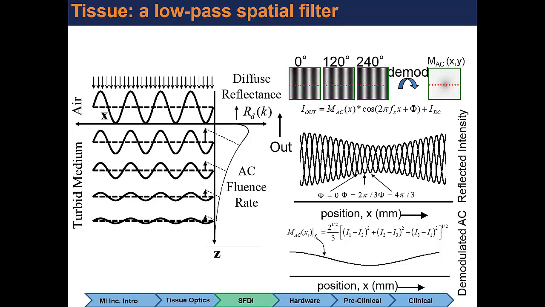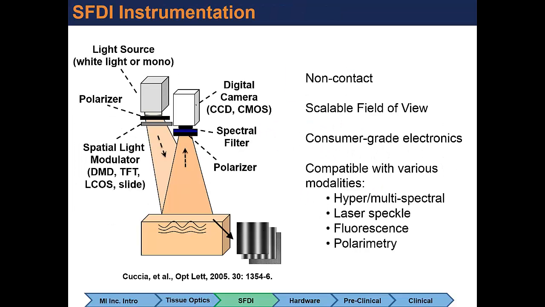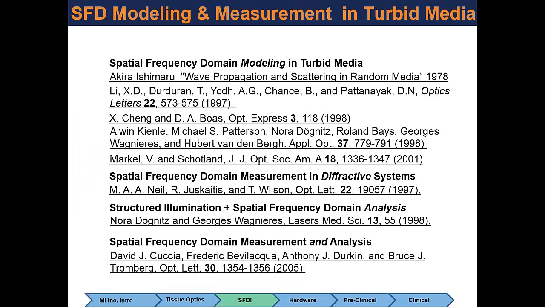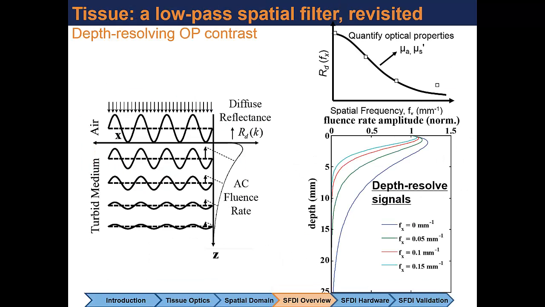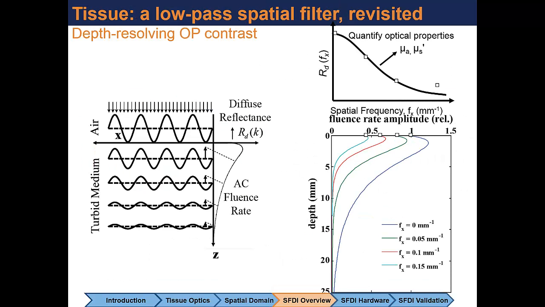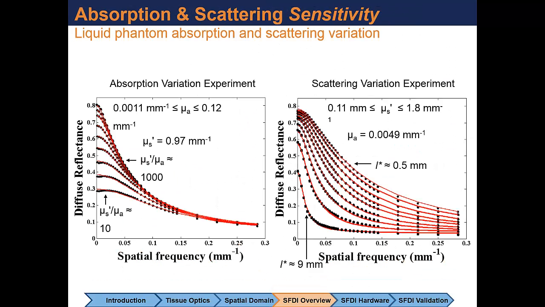Now going back to these plots, these were the contrast of absorption and scattering versus frequency. There's also phase hidden in these plots, which is the native phase shift of the wave due to the tissue.